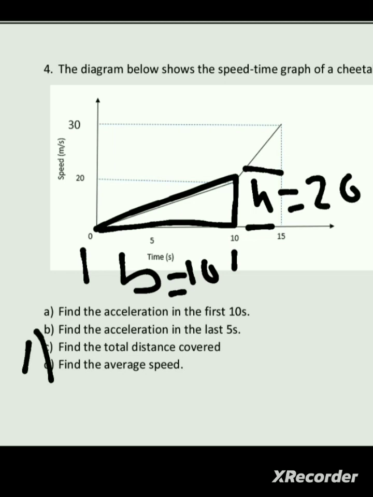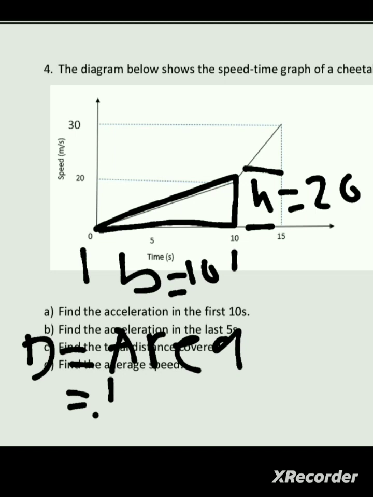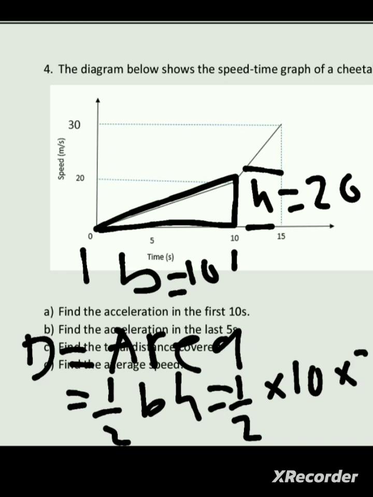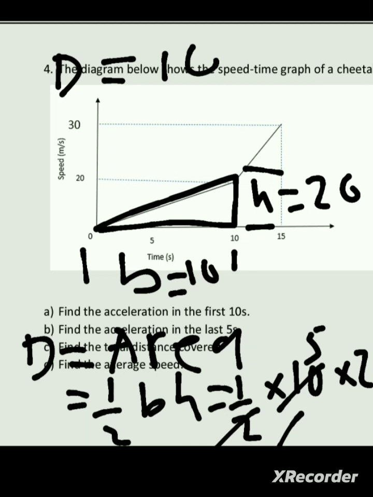So distance is equal to area, which is equal to half BH, which is half, the B is 10, the H is 20. So 2 here 1, 2 here 5. 5 times 20 is 100. So the first distance is 100 meters.